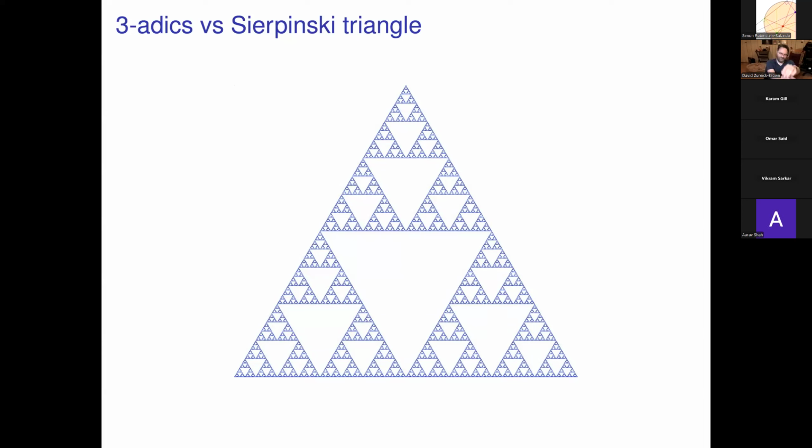A three-adic number is infinitely many 0s, 1s, or 2s, but that's a recipe: 0 is go north, 1 is go right, 2 is go left, and a three-adic number is a recipe to land you somewhere in this triangle. And so learning how to do analysis helps.